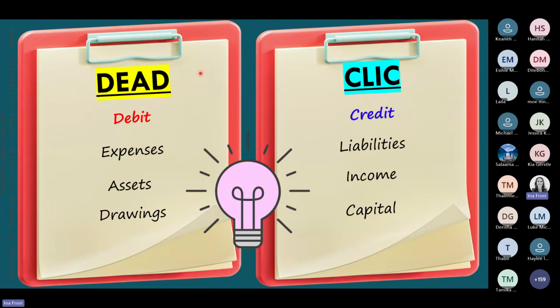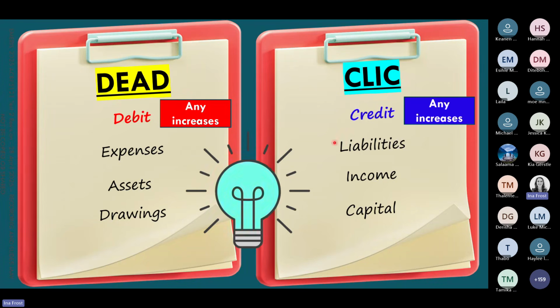What do I mean by DEADCLIC? The DEAD means we're going to debit expenses, assets, and drawings if there is an increase in expenses, assets, and drawings. And we're going to credit liabilities, income, and capital if there is an increase in these 3 accounts.